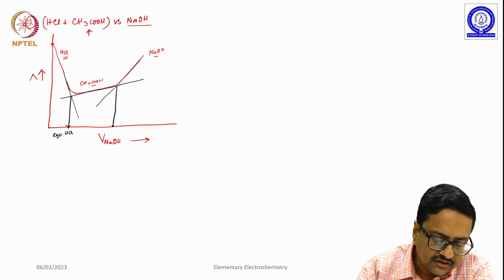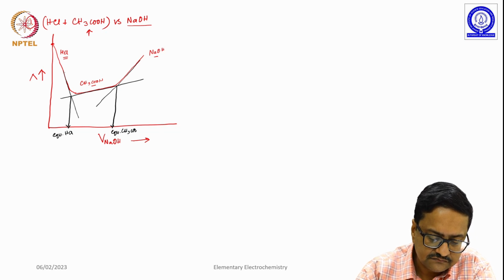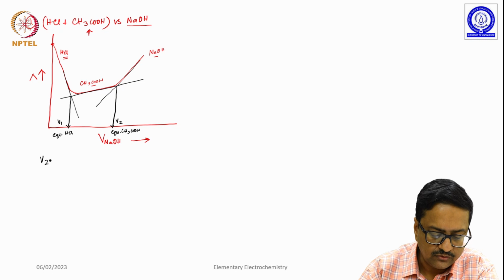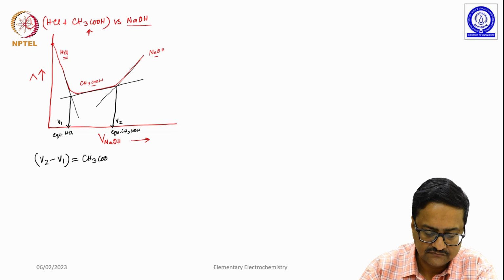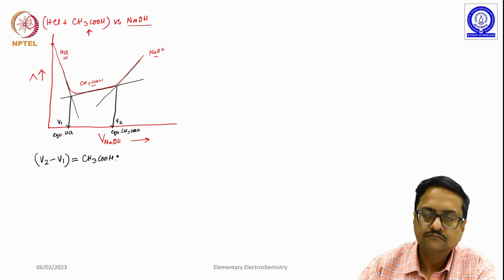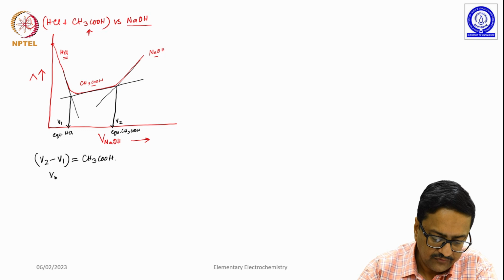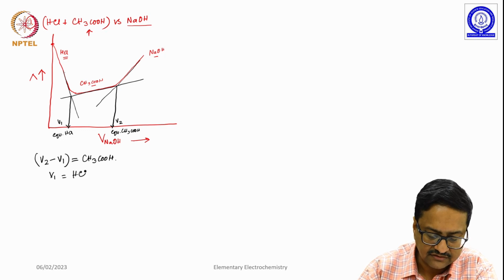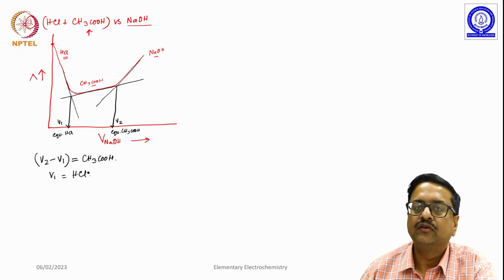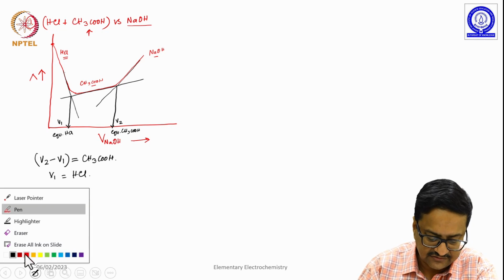This point gives you the equivalence point for acetic acid. If this is V1 and this is V2, V2 minus V1 is the burette reading for acetic acid, and V1 is for HCl. Hope you can understand this.